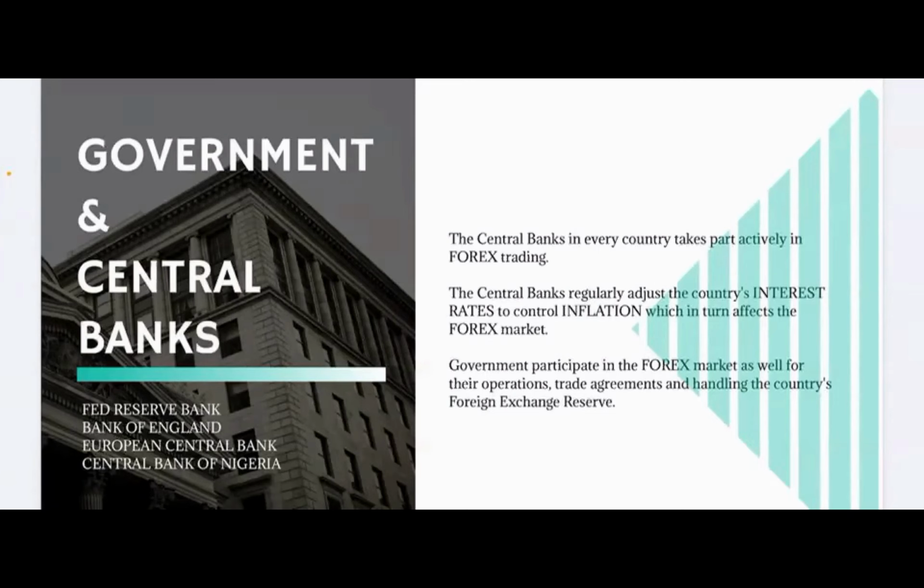These are all economic events that we spoke of earlier on. These are things that can affect the forex market. Governments participate in forex markets as well for their operations, for trade agreements, and for handling the country's foreign exchange reserves. So I think this is self-explanatory.